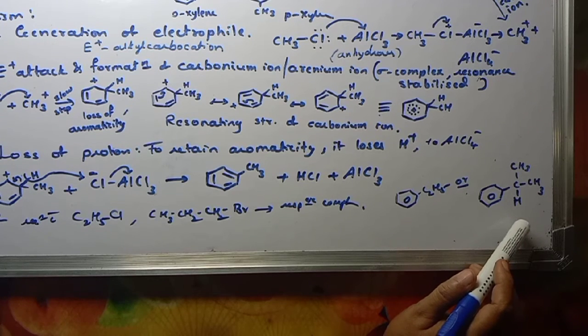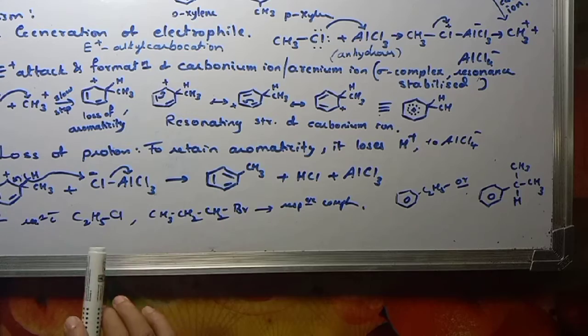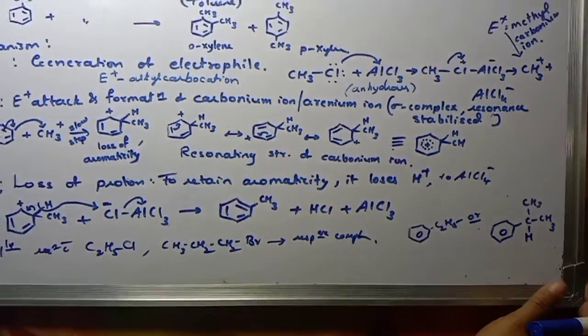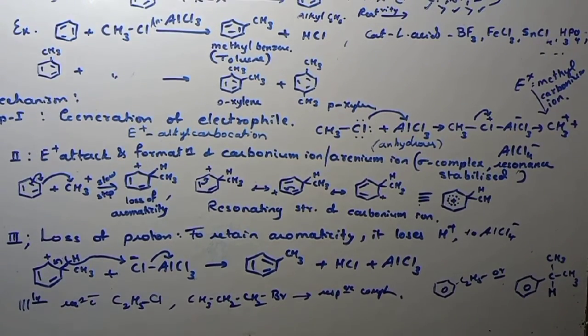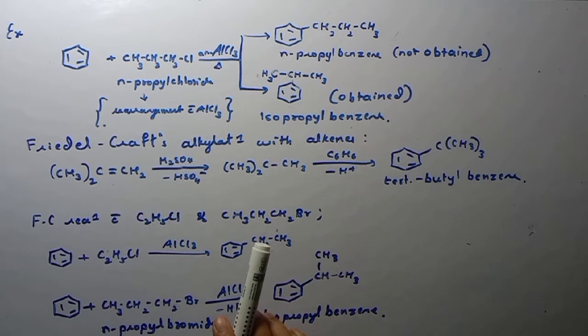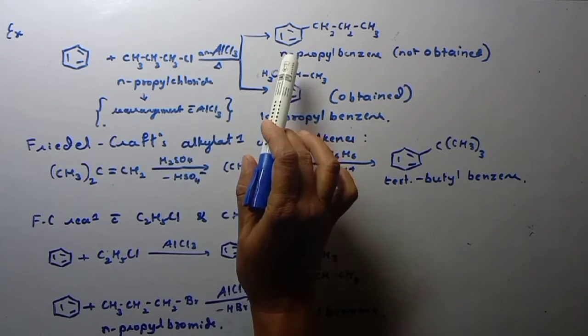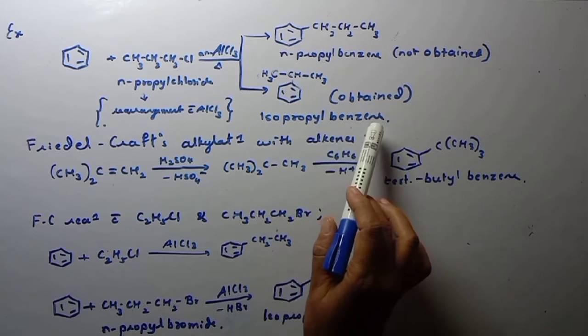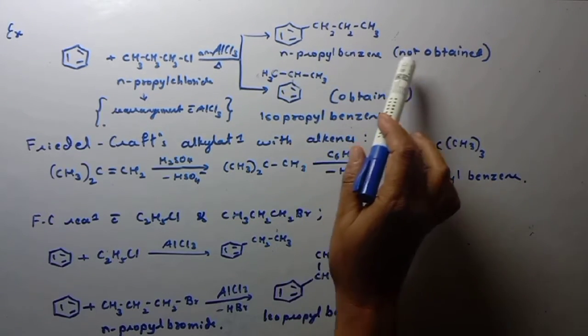Okay. So the next one, we can take one more example. When benzene is made to react with n-propyl chloride, it gives isopropyl benzene but not n-propyl benzene.